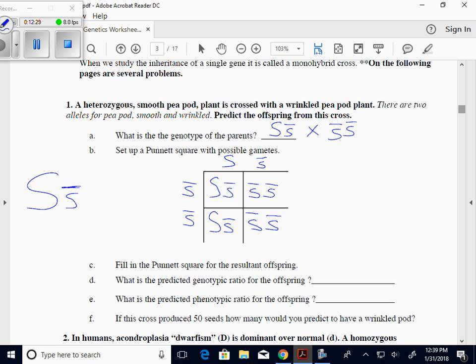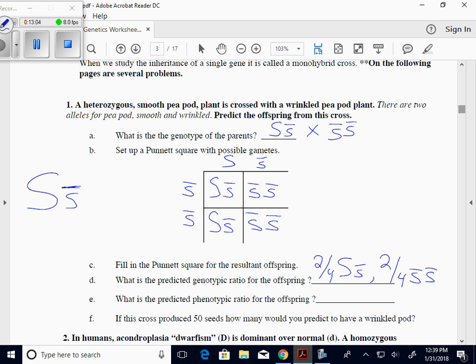So, my genotypic ratio, 2 out of 4 are capital S, lowercase s. What are the other ones? 2 out of the 4 are lowercase s, lowercase s, right? Do we understand that step? Could I have said 1/2 instead of 2 out of 4?